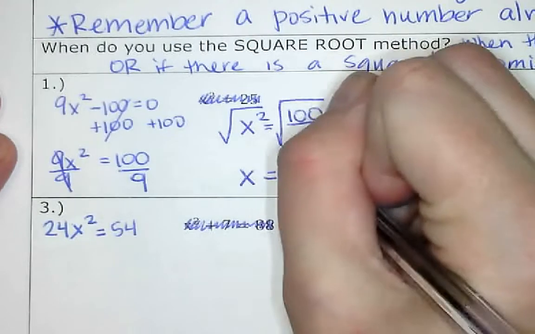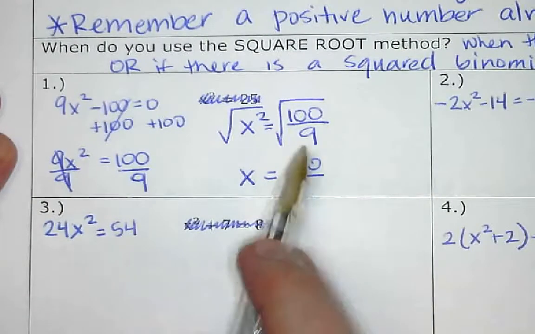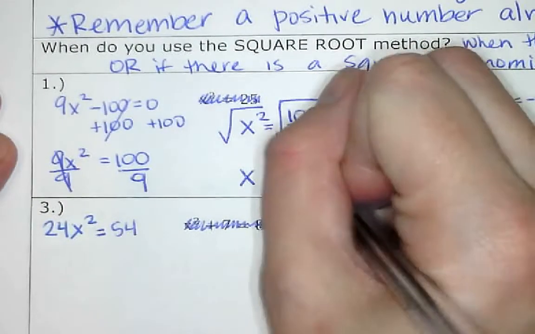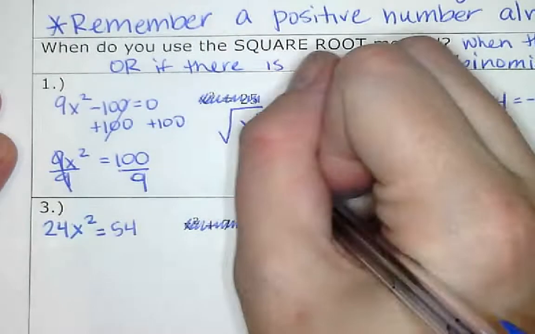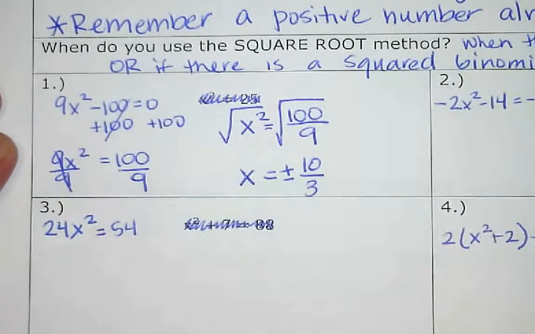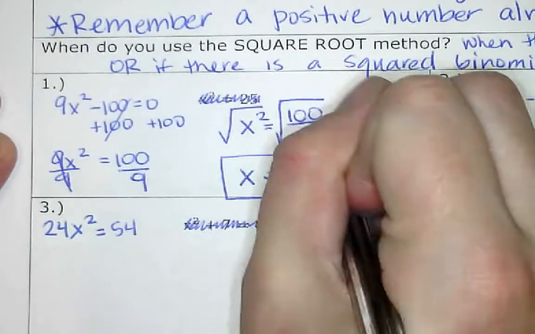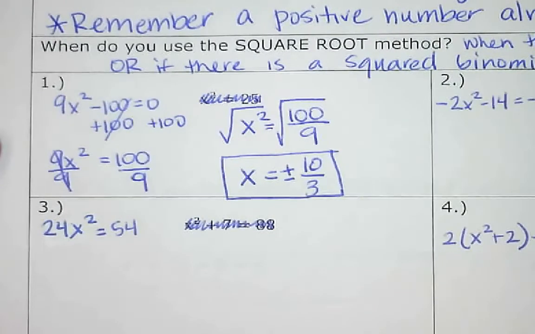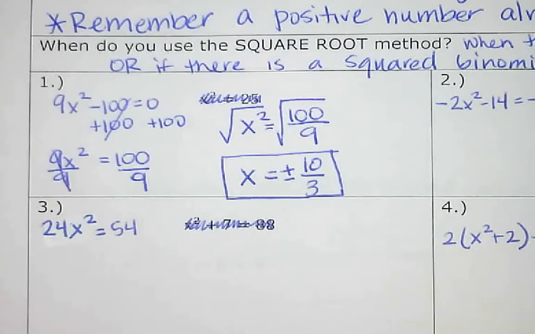And what's the square root of 9? 3. But remember, when you take the square root of a positive number, it's plus or minus. So, guys, my solutions are positive 10/3 and negative 10/3. Are y'all comfortable with that? Those are my two solutions.